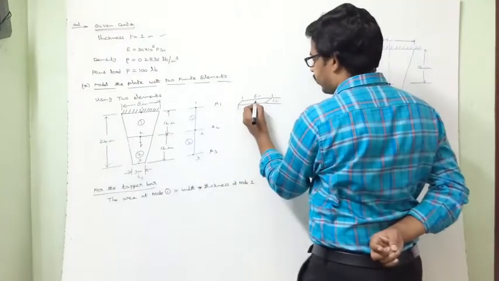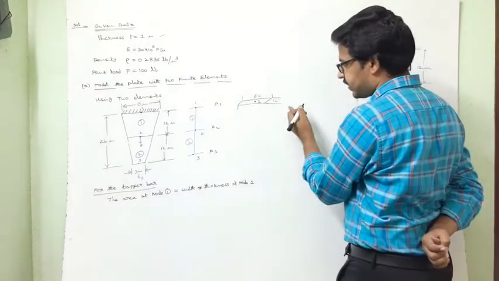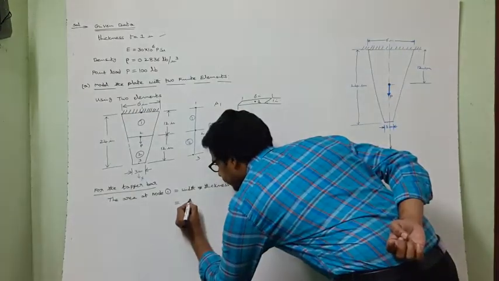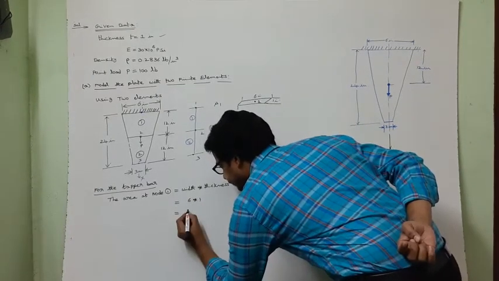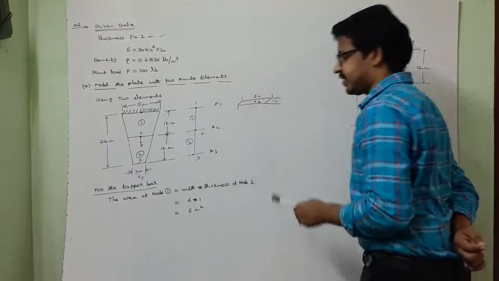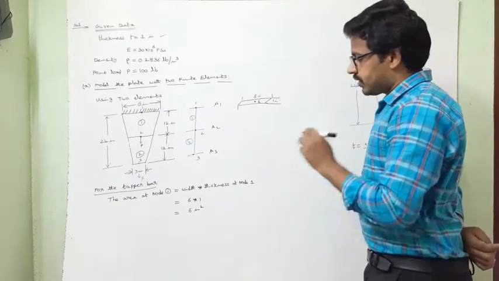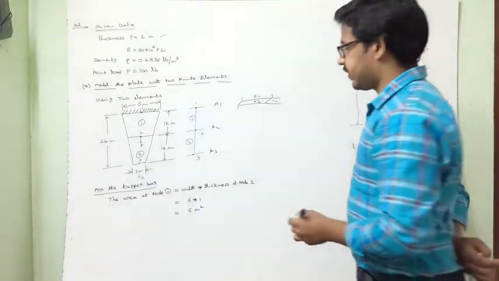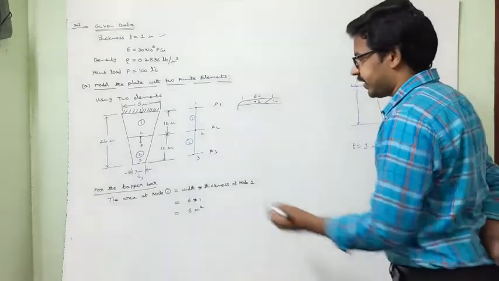So here at node 1, the width value is 6 and the thickness value is 1. That is equal to 6 into 1, which is 6 inches square. 6 inch into 1 inch is equal to 6 inches square. So here this is the area at node 1.